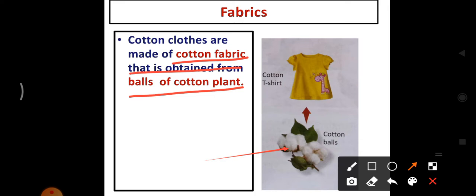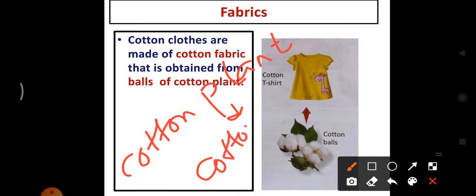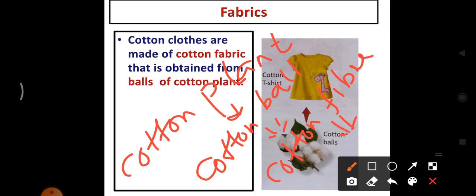From the cotton fiber we can make cotton clothes. The first, the cotton plant. From the cotton plant we get cotton balls. From the cotton ball we get cotton fiber. From the cotton fiber, we can make cotton clothes.